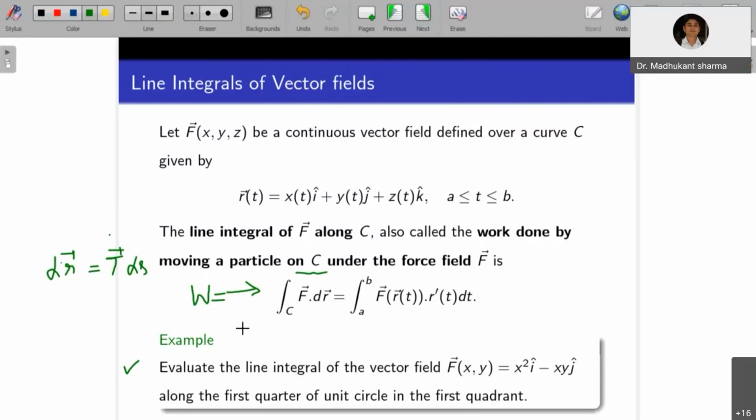So this is one example. Evaluate the line integral of vector field F along the first quarter of the unit circle in the first quadrant. Here everything is ready-made.